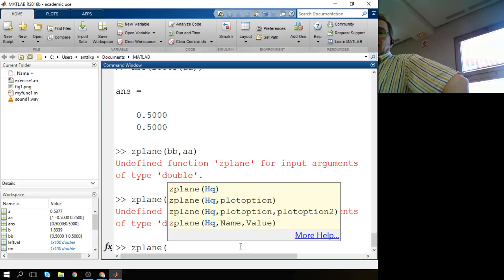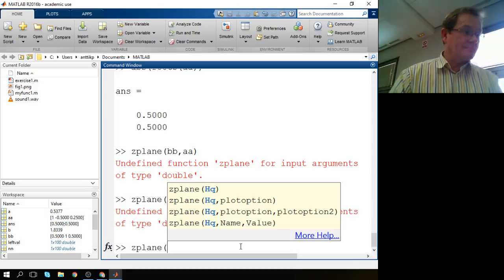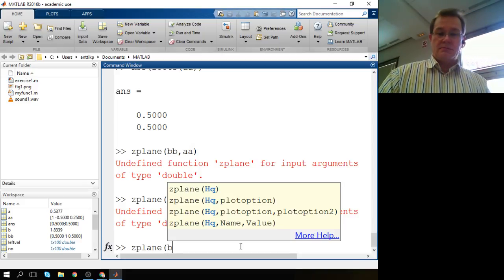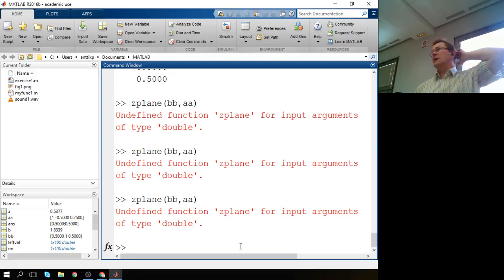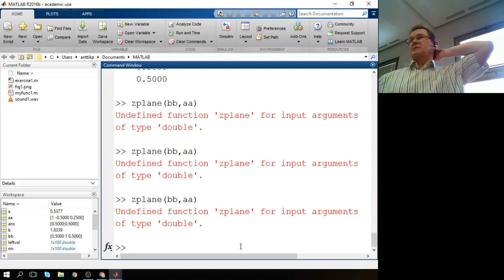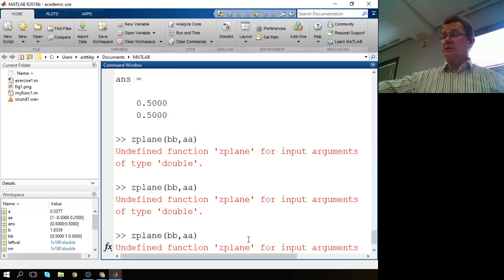I have broken my z-plane. Wait a minute. b, a. Okay, I know what it is about. I have different function sets for some reason. But anyway, you got the plot.